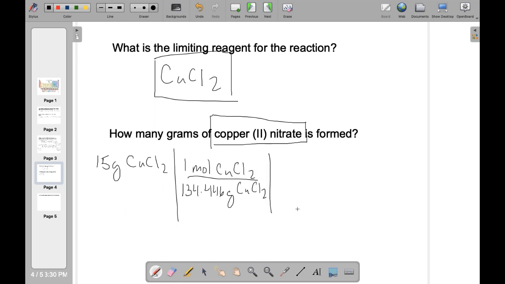But now I need to do a conversion factor ratio, actually, between copper 2 chloride and copper nitrate.